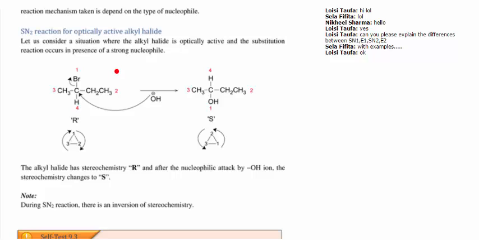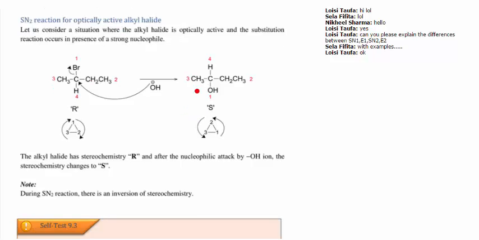So if you draw an arrow from 1 to 3, you'll see it goes from the right to the left. So that is R. And if it goes from 1, 2, and 3 from left to right, counterclockwise, then it is always given the S arrangement.